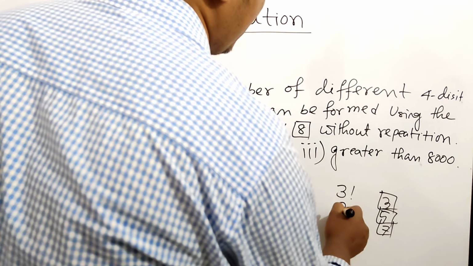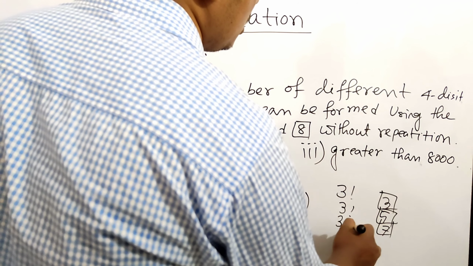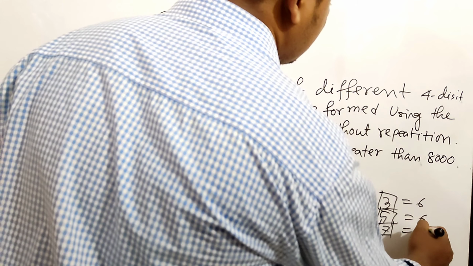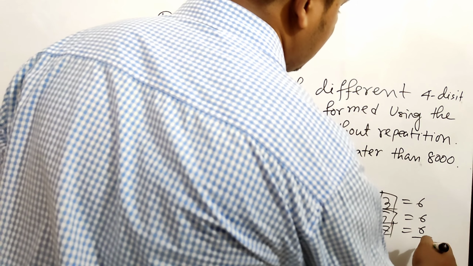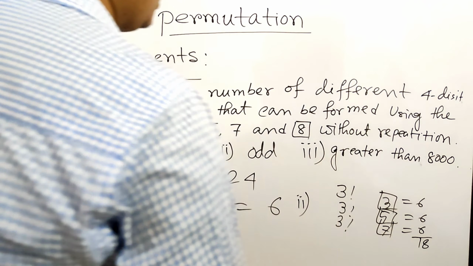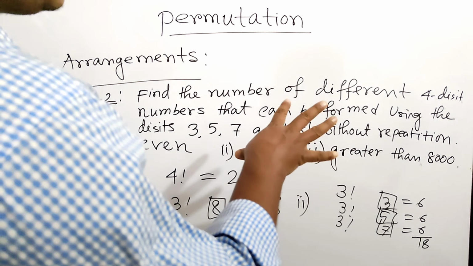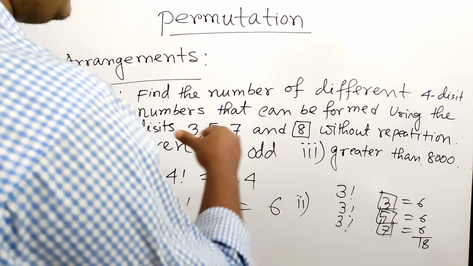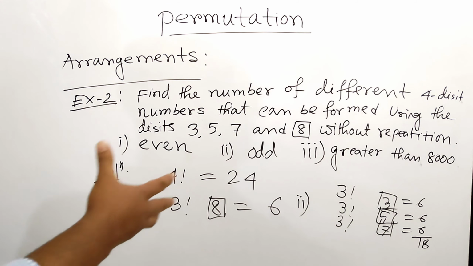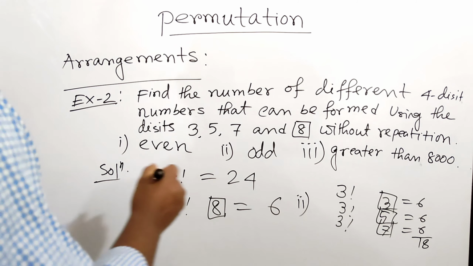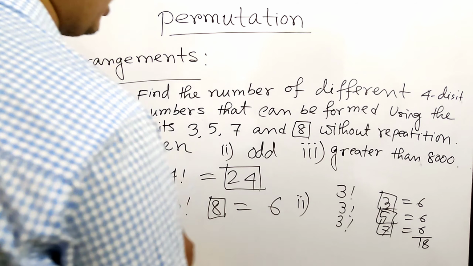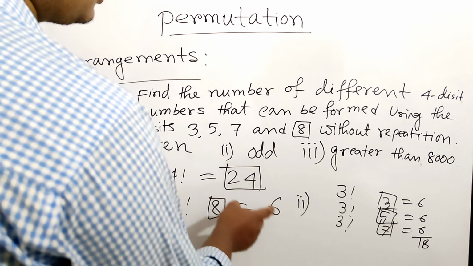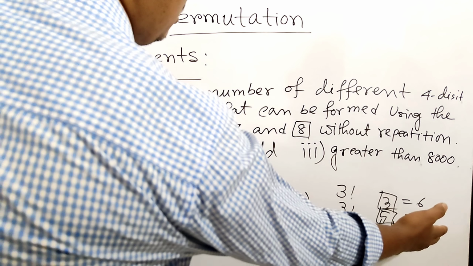Same for the 5, 3 factorial, and for 7, 3 factorial. So 3 factorial means 6, 6 and 6. If you add all these, it will be 18. That means you can make 18 numbers from these given digits. Another way to find the answer: the total arrangement is 24 and you already know the even count is 6. You can subtract 6 from 24, then you will also get 18.